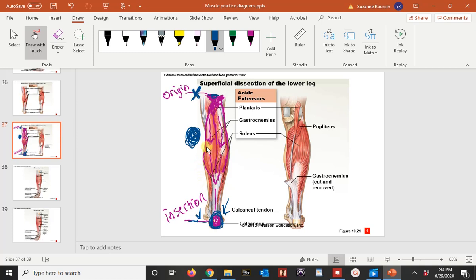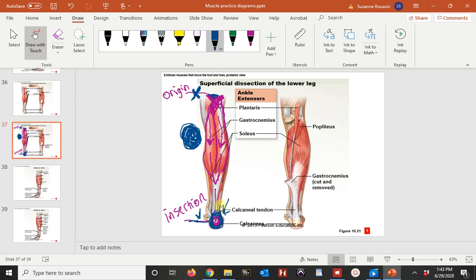Now, what happens when the gastrocnemius tightens up? I'm just drawing this little ball here to show you the muscle tightens up and shortens, so it moves the bone at the insertion point. Which way does it move?